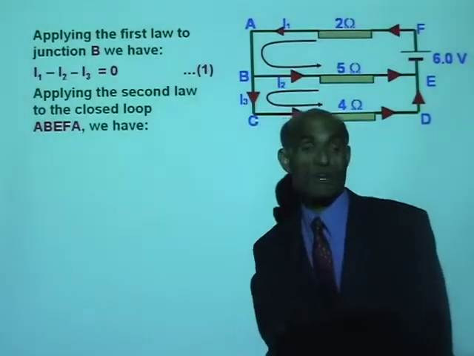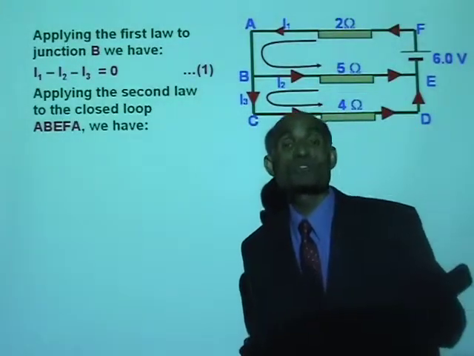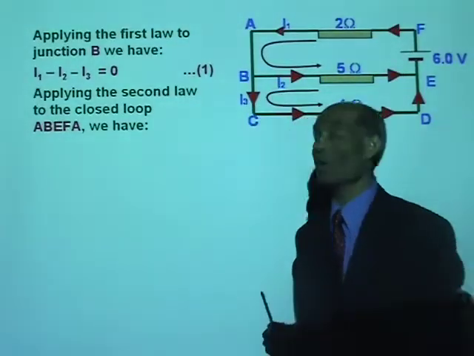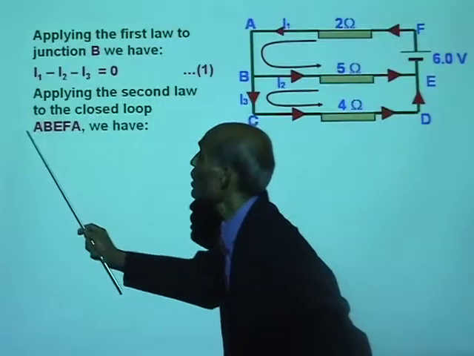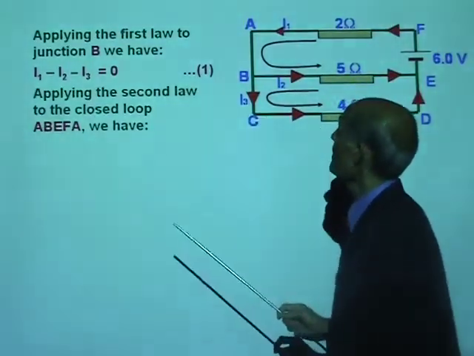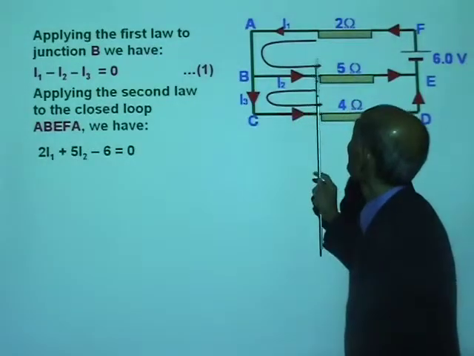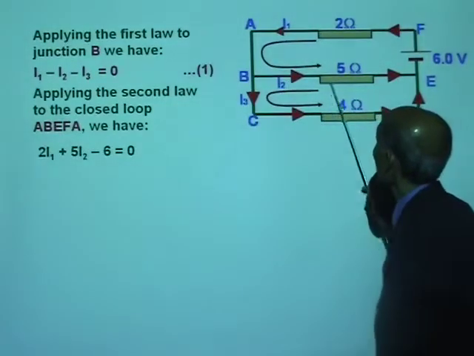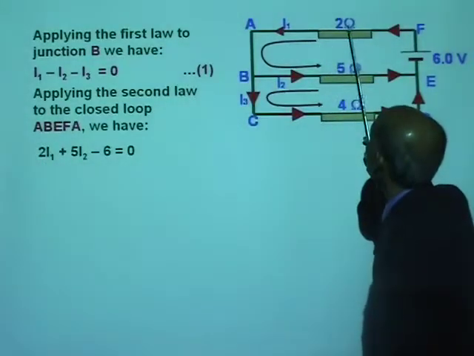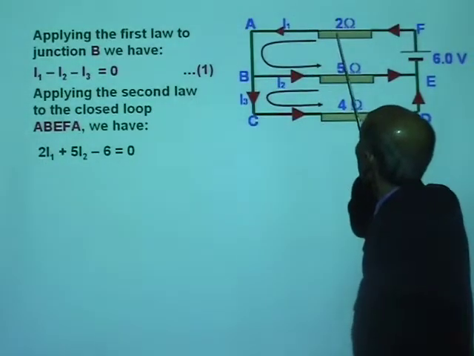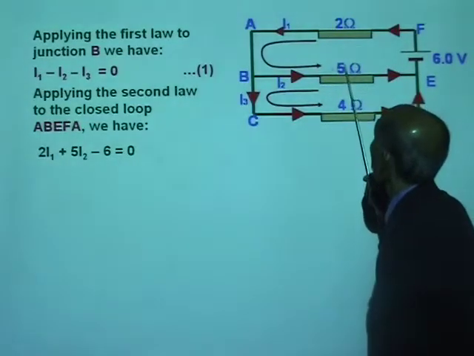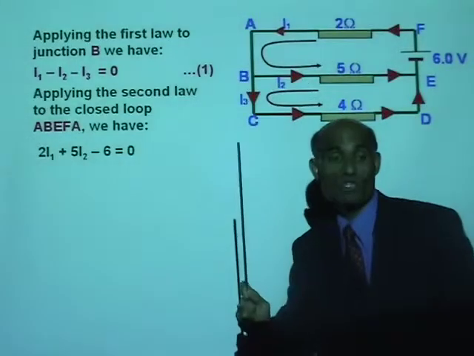To produce 2 more equations, we're going to choose closed loops where we can apply the second law. Let's choose the closed loop A, B, E, F, A, where the potential drop across the 2 ohm is 2I1, which is positive, and the potential drop across the 5 ohm is 5I2, which also is positive.